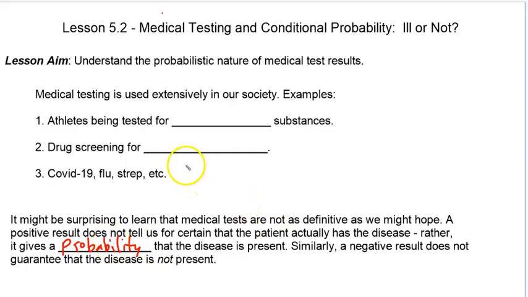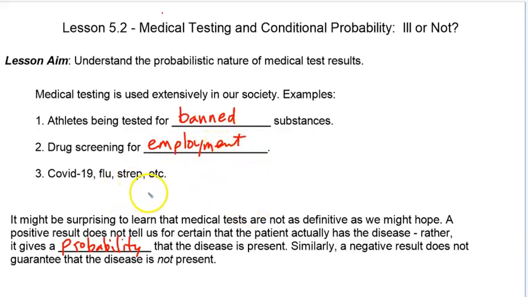And just to fill in our blanks, we know this in our society: athletes are routinely being tested for banned substances, especially during Olympic season and then periodically in professional sports. Probably at some point in your life, you're going to have drug screening for a particular job, so we'll say drug screening for employment purposes.